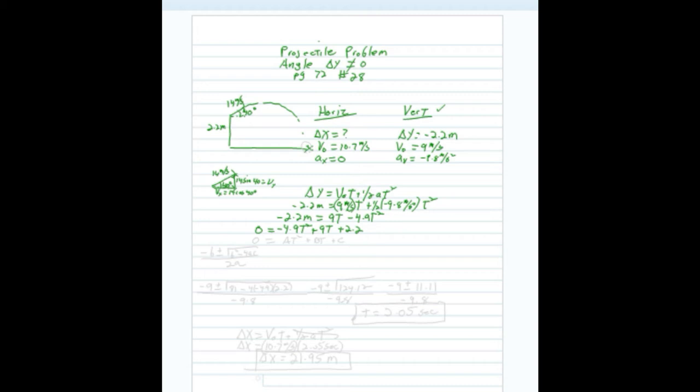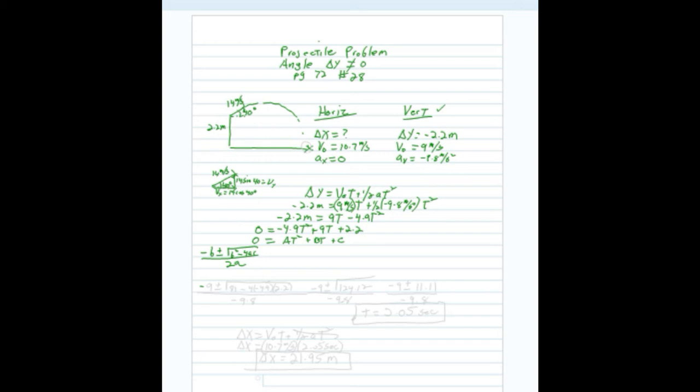Now this is in the form of 0 equals a t squared plus b t plus c, which is a quadratic equation. The quadratic formula is negative b plus or minus the square root of b squared minus 4ac, over 2a. So we're going to plug this in.